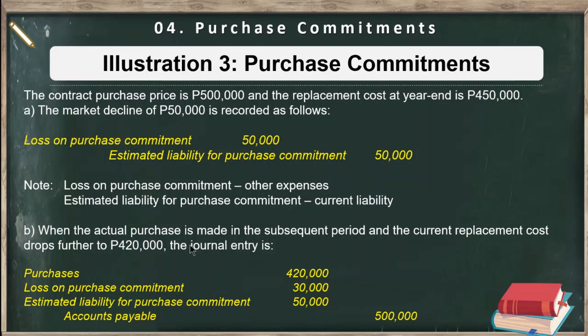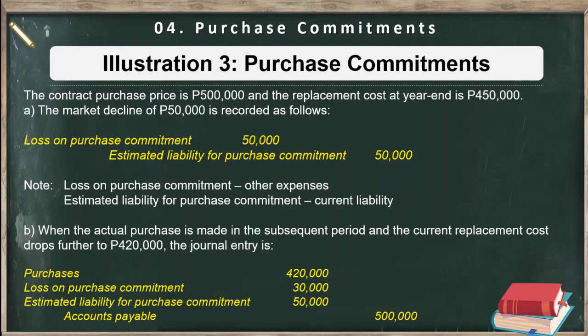Hingubos siya further. Just imagine nga ang imuhang kontrata, your agreement with the seller is you're going to pay 500,000 pesos. And it turned out that the replacement cost during the date nga supposed to be magbayad na ta, 420,000 na lang siya. So meaning, you have a loss, alkansi ka, di ba?